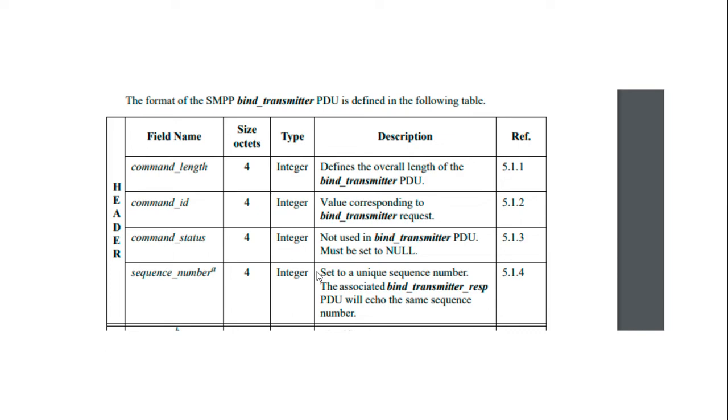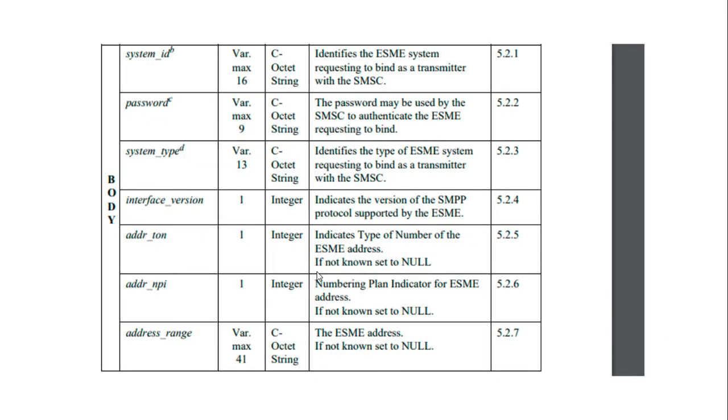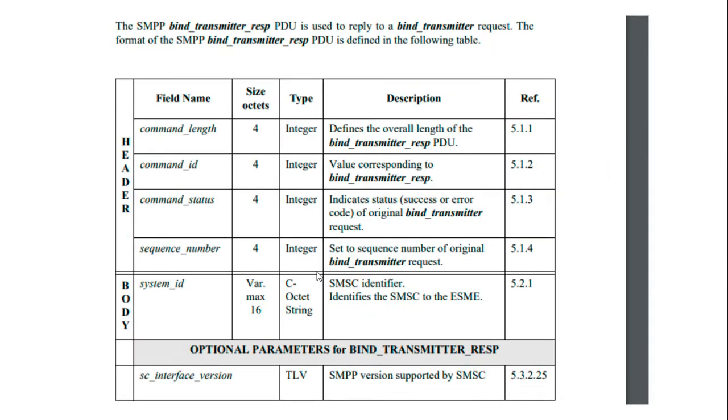You have to fill all these values and send the bind request to the SMPP server. This is just a sequence of bytes, so you have to fill an array or a structure with this sequence of bytes, and transmit it over a TCP connection to the SMPP server.